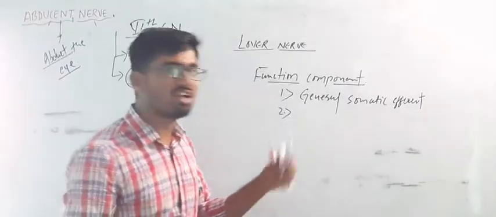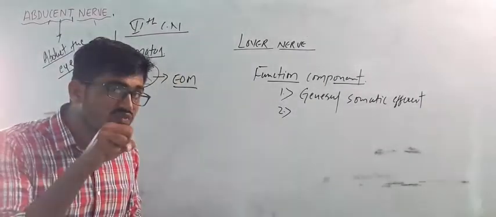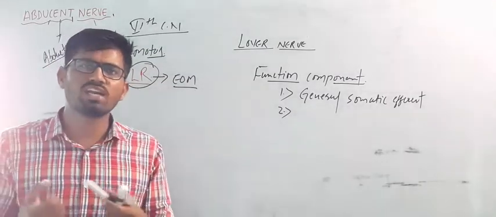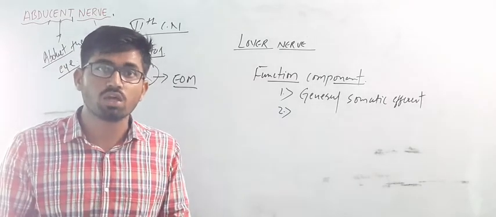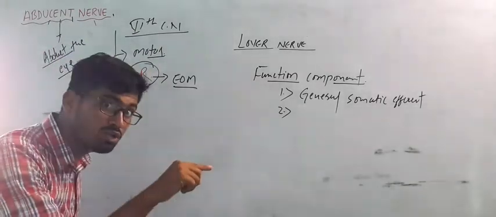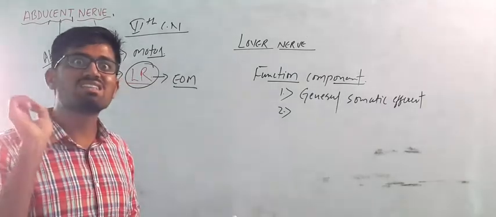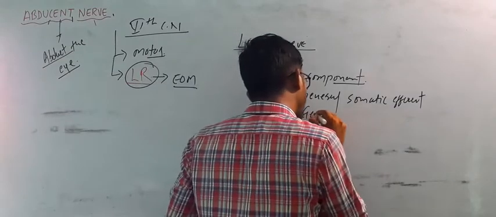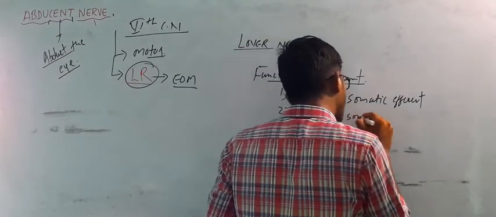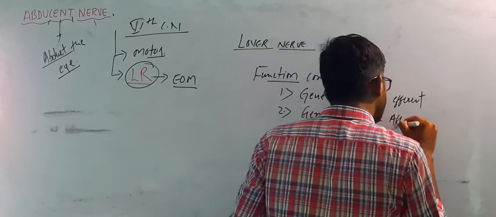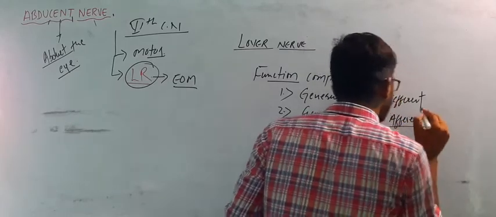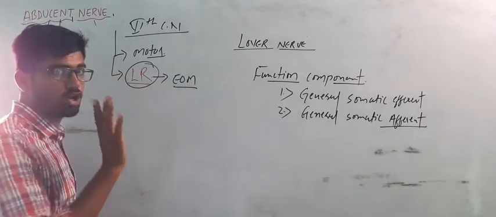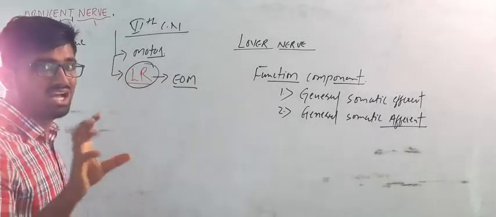This nerve also has the same fiber, because general sensation from the lateral rectus is carried by this nerve, and these fibers terminate in the mesencephalic nucleus of the trigeminal. So this nerve also has general somatic afferent fibers for general sensation. These are the two functional columns.